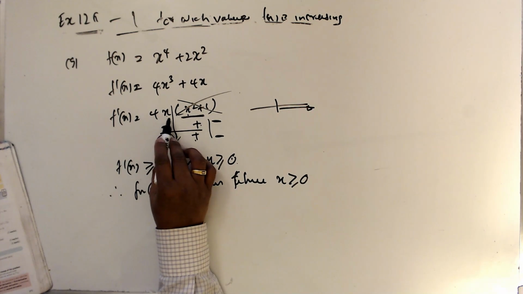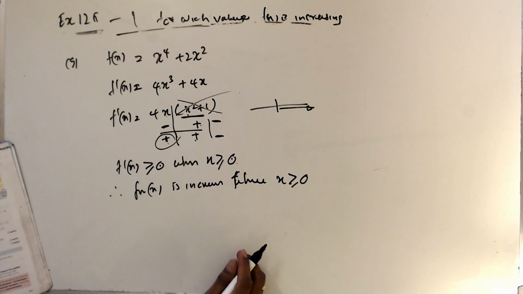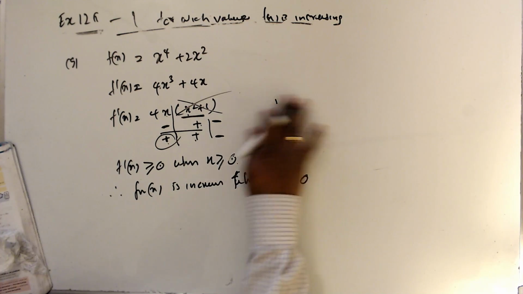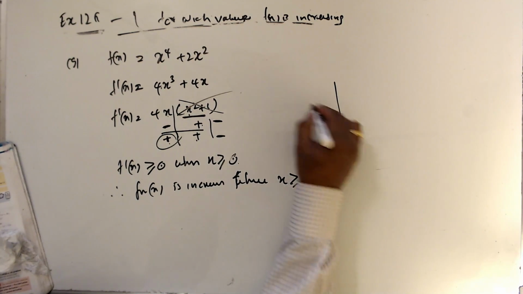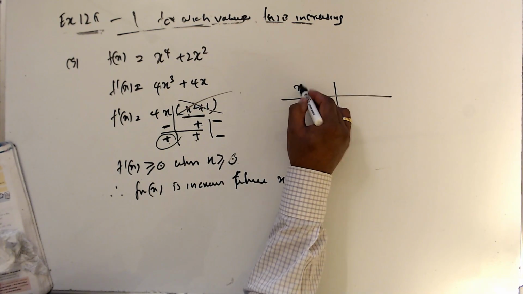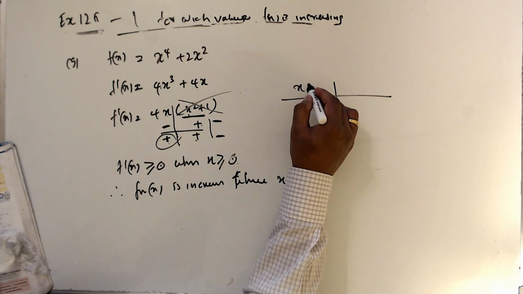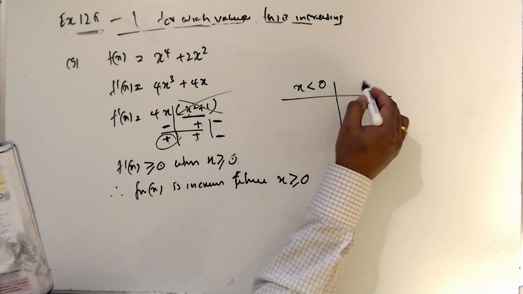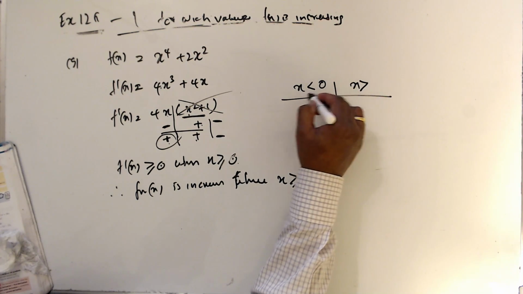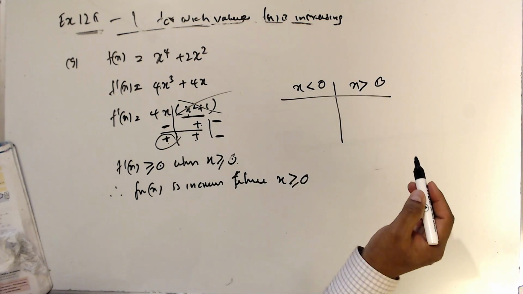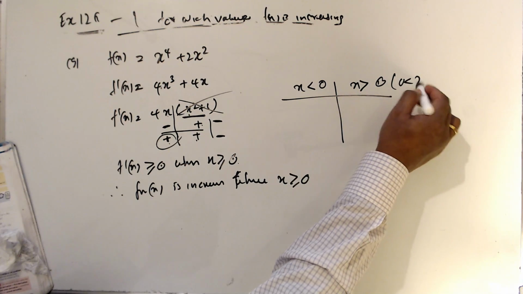When x equals 0, the value is 0. If you want to write something on it, you can do x less than 0, x equals 0 and x greater than 0.